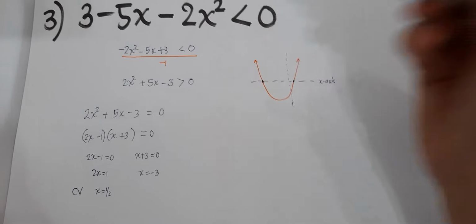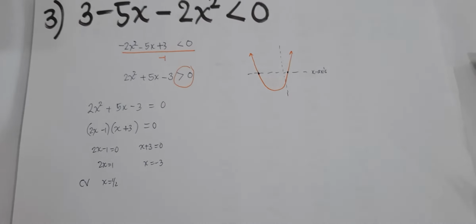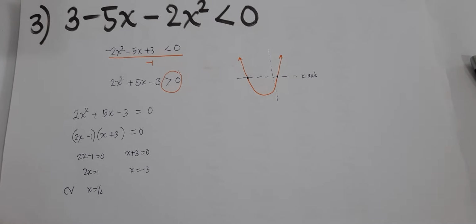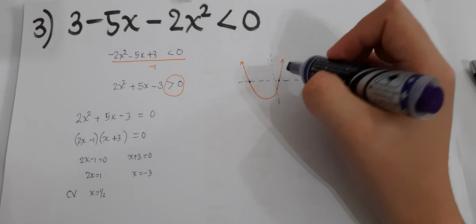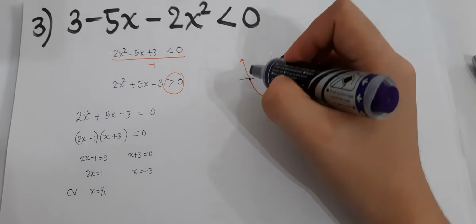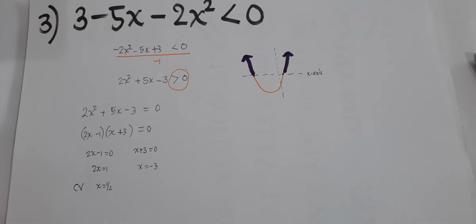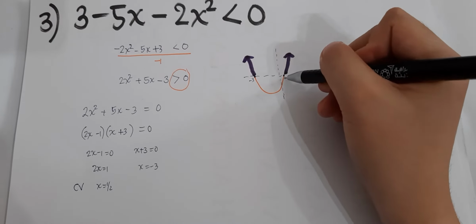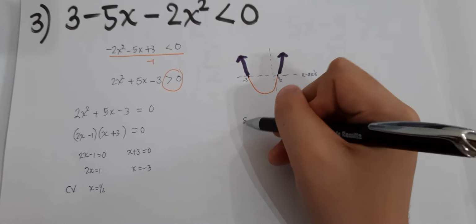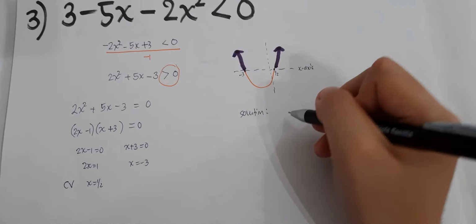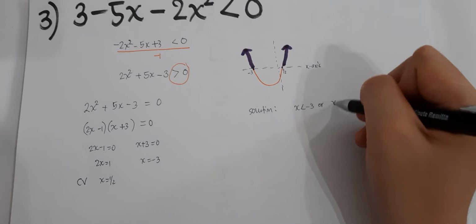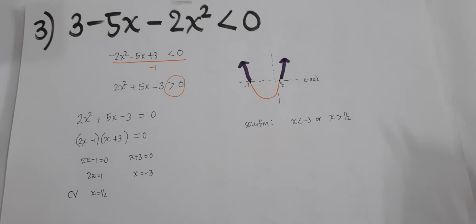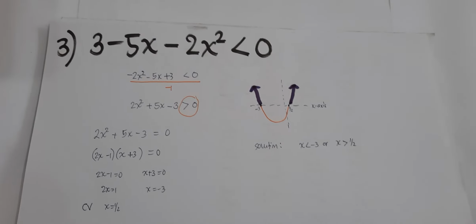Okay, now we have the graph, so we can identify the inequality. What do I need? I need the values greater than 0. Greater than 0 are the values above the x-axis. So I need this one and this one. That will be my solution. This is minus 3 and this is 1/2. So my solution is the values left of minus 3 or the values right of 1/2 or 0.5.